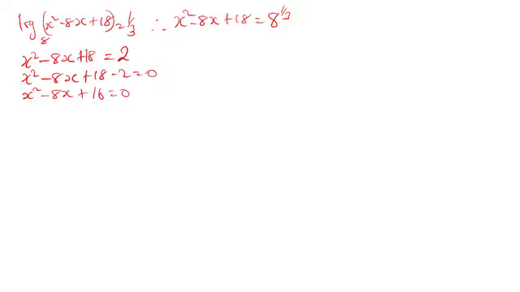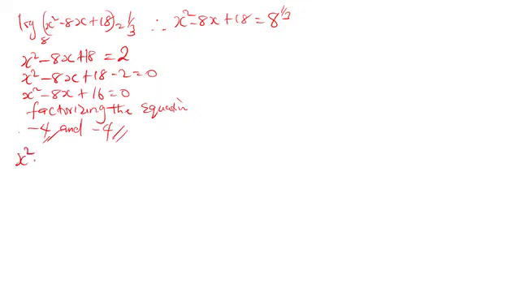Now this is a quadratic equation. Now what are the two numbers? Let's factorize. Factorizing the equation, we have the two numbers: minus 4 and minus 4. They are the two numbers that if you add, you have minus 8, and if you multiply, you have 16.